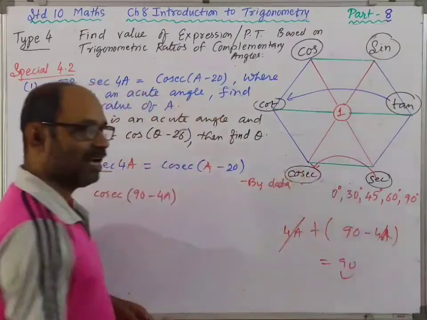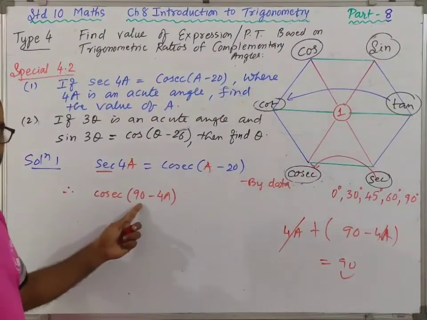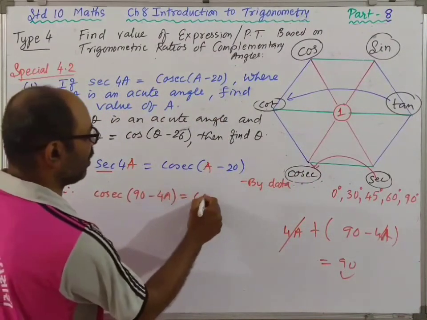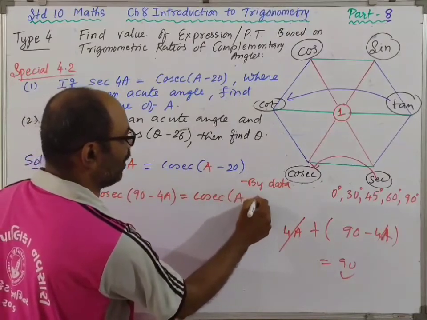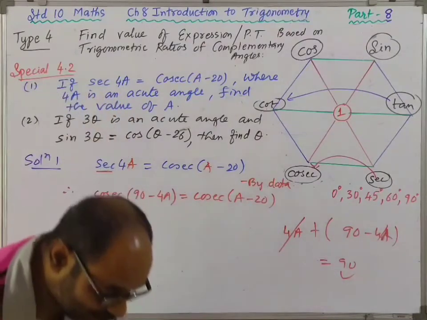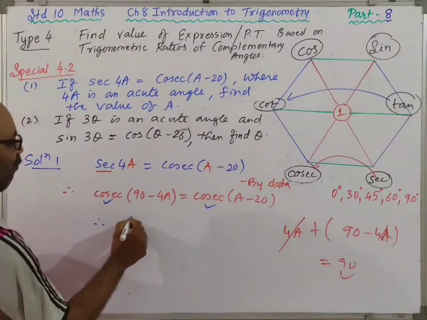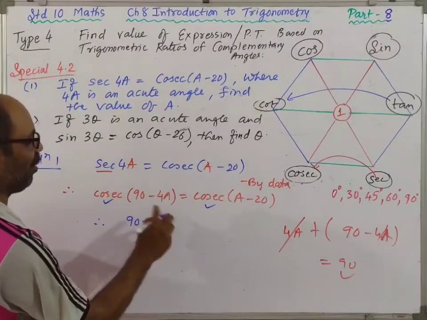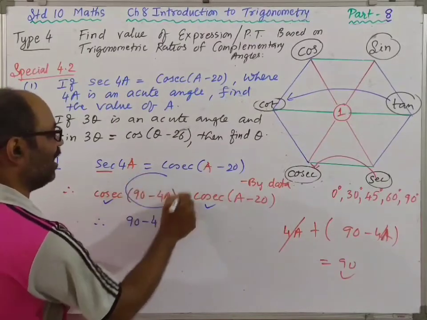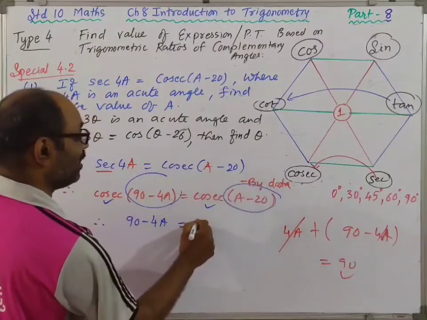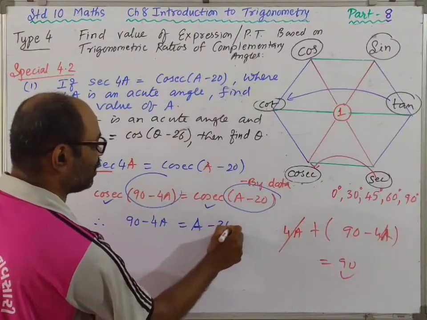Total is 90. So they are complementary. This you should know directly. That is equal to cosec a minus 20. Now you see you got cosec cosec. Therefore 90 minus 4a, this angle equal to this angle. That is equal to a minus 20.